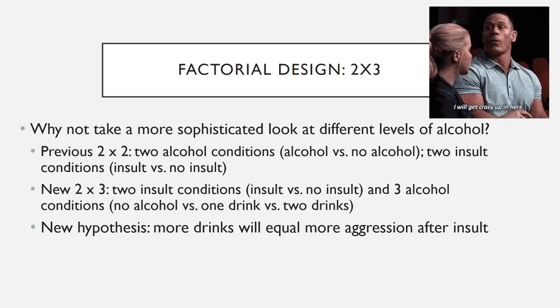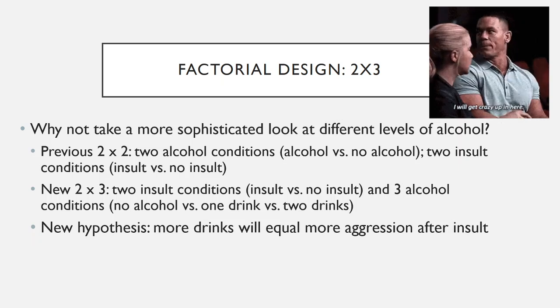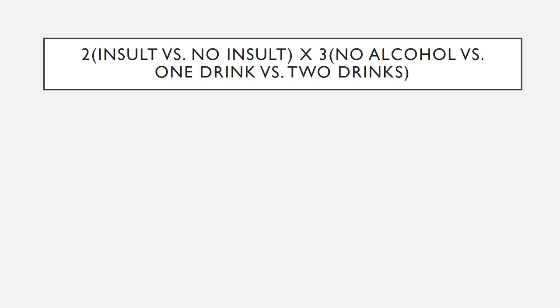So the same as with the 2x2, a 2x3 has two independent variables. The only thing that has changed is that the IV that the 3 represents now has 3 levels. So that's the key difference. Again, the notation has the number of numbers and the numbers themselves that transmit two distinct pieces of information that are both critical to understanding factorial design.